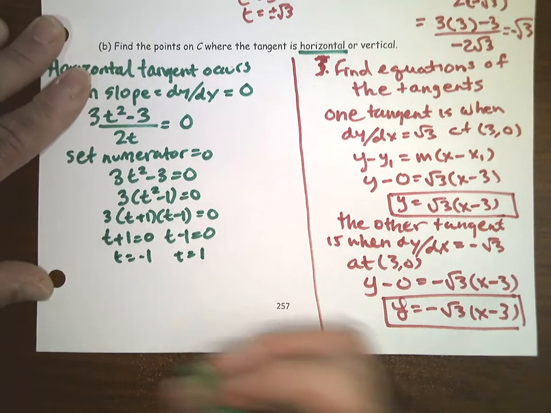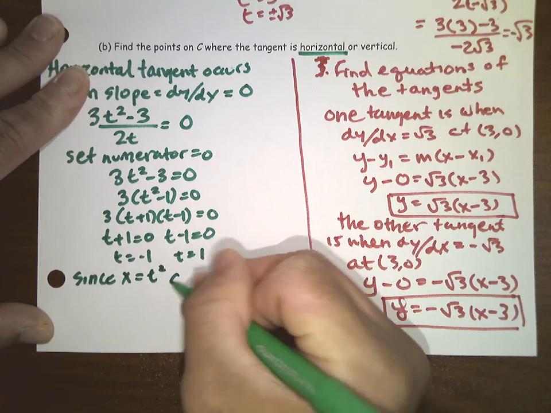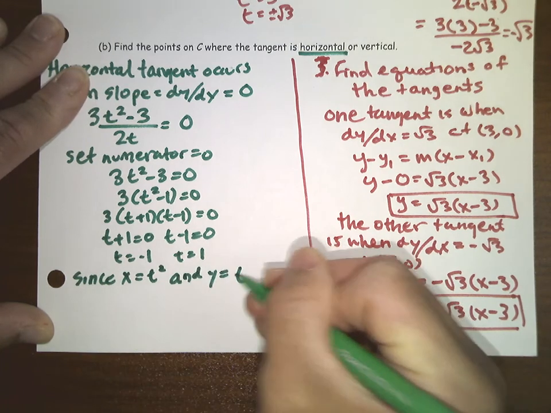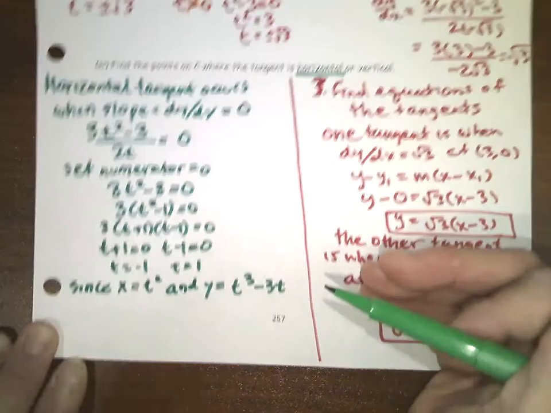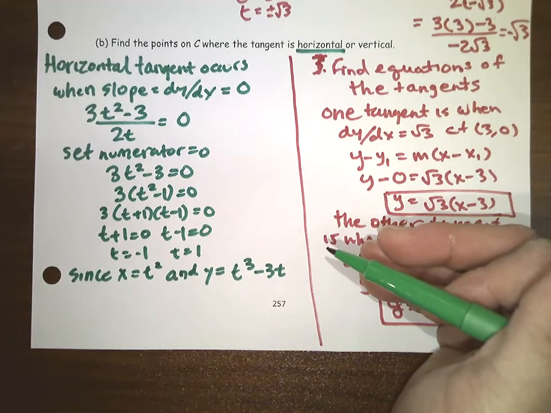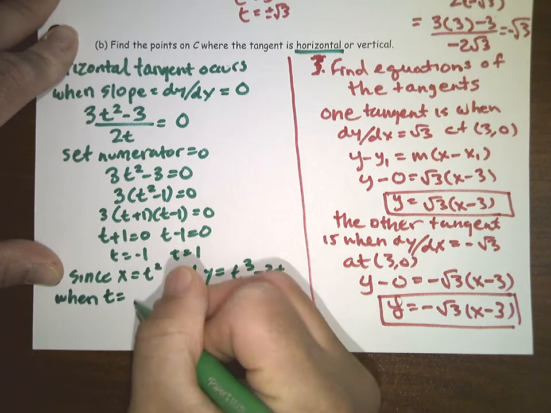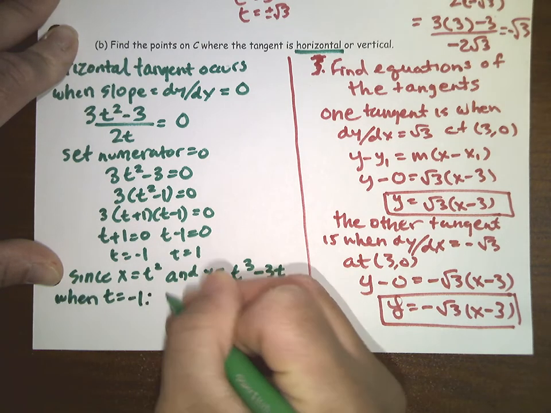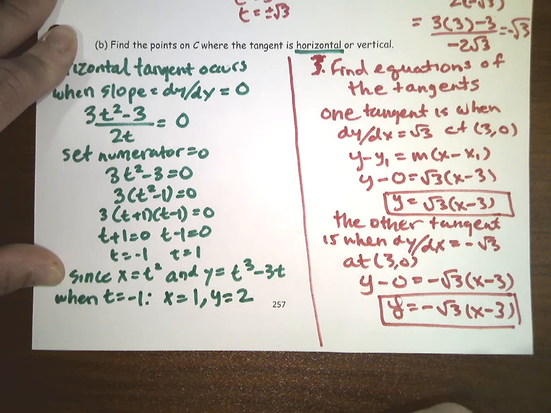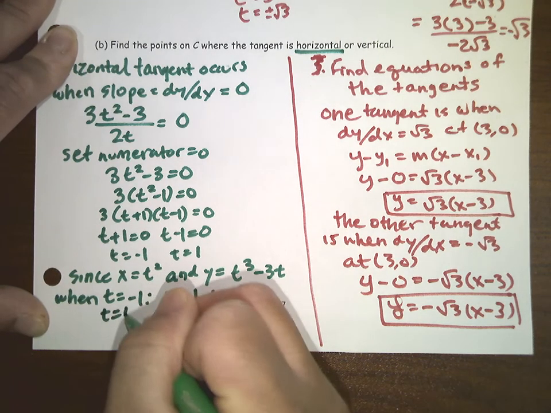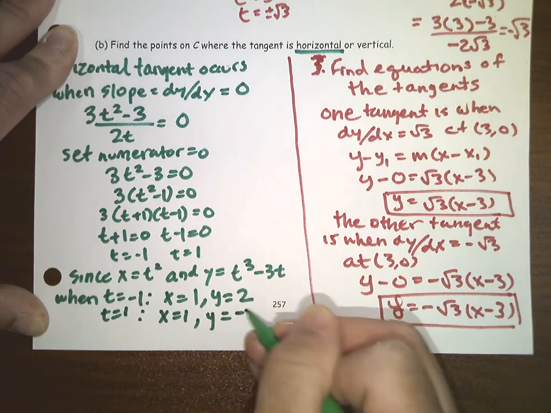Since x was t squared and y was t cubed minus 3t, when t is equal to negative 1, I have that x is equal to 1 and y is equal to 2. And when t is equal to 1, I have that x is equal to 1 and y is equal to negative 2.